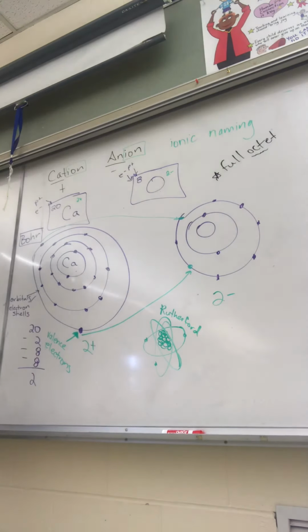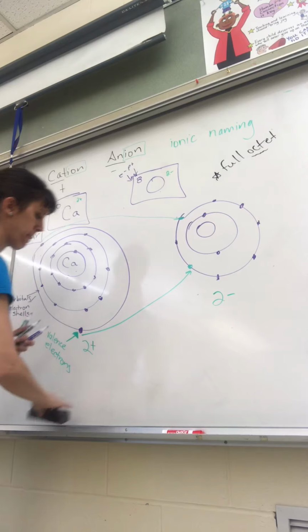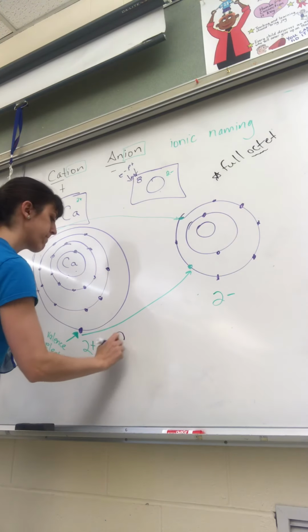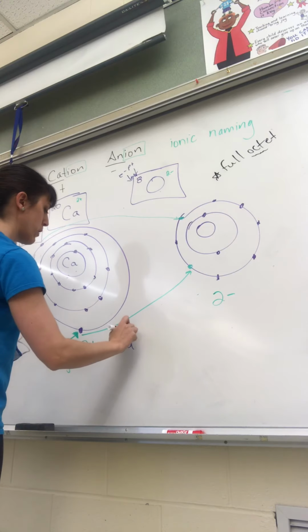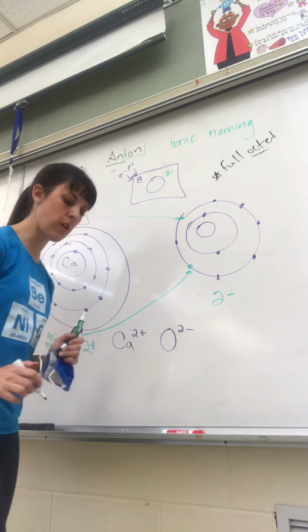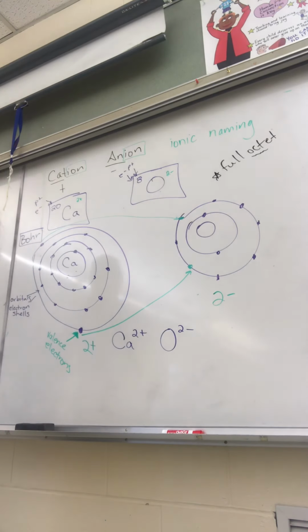To name this compound, we'll erase some of this so we have room. We have calcium with the 2 plus charge and oxygen with the 2 minus charge. We want them to be balanced, to have no charge. So does plus 2 minus 2 equal 0?